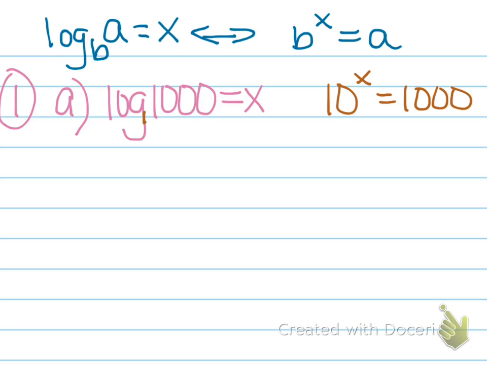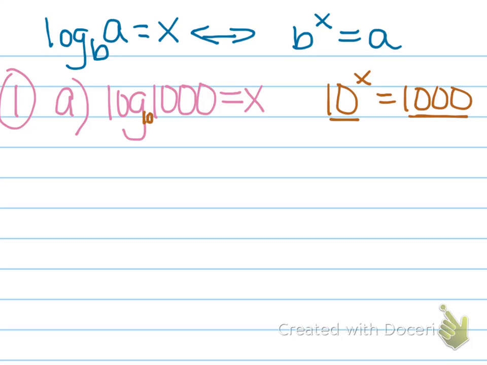Remember, the base is 10 if we don't see it. So base is b. So b is here. The 1,000 is a, is here, and x is what the log equals. x then becomes my exponent.